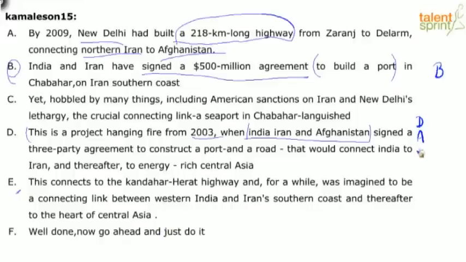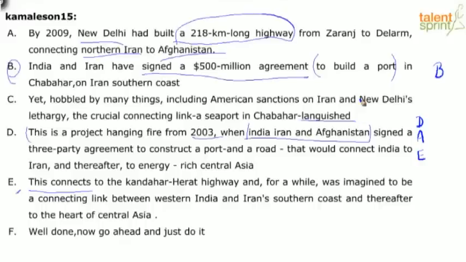So E, right? And then we have C. C says, yet hobbled by many things, including American sanctions on Iran and New Delhi's lethargy, the crucial connecting link, a seaport in Chabahar, languished. So this is almost like a culminating sentence, right?